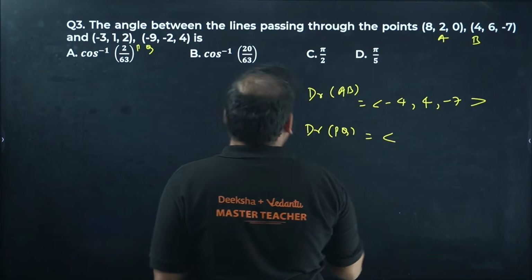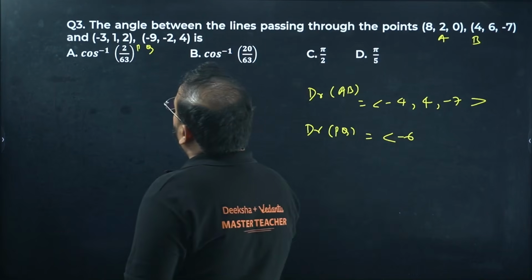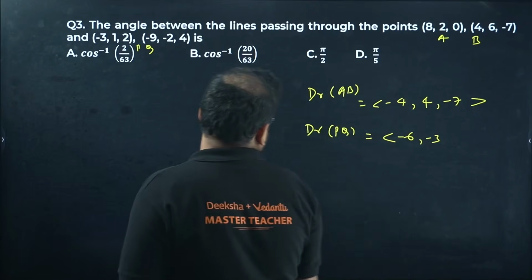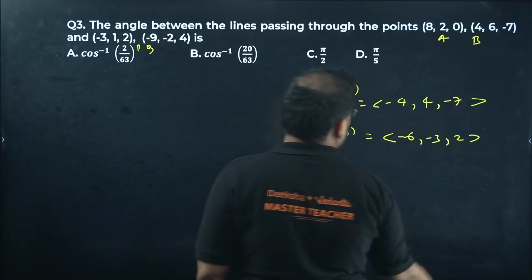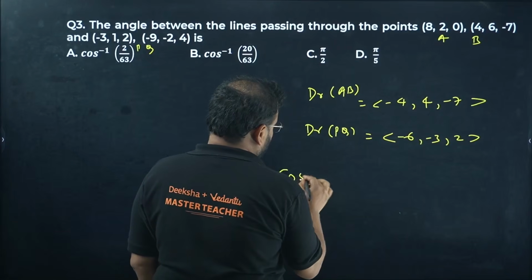Check. We'll have here minus 9 plus 3, so minus 6. Minus 2 minus 1, so minus 3. And 4 minus 2, so 2. Okay. Let's multiply these. So cos theta will be what?